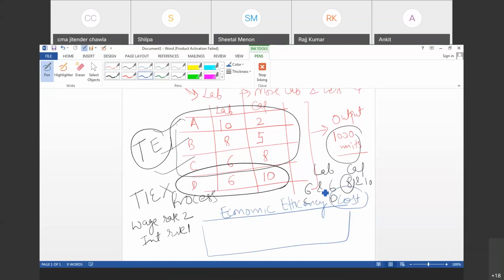If you ask, what is the cost of A? Just consider it is 10 into my 2 plus 2 into my 1. It is 20 plus 2, that is 22 rupees.